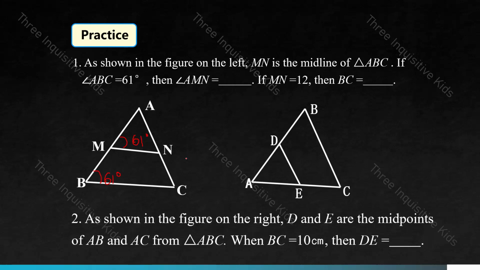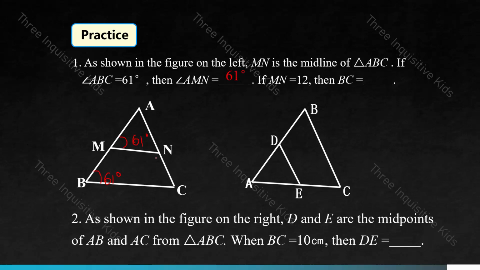And now, using what we've learned previously about parallel lines and their properties, we know that whenever two parallel lines are both intersected by the same straight line, corresponding angles will always be congruent, which means that angle AMN has to be the same as angle ABC. So it will have a measure of 61 degrees.